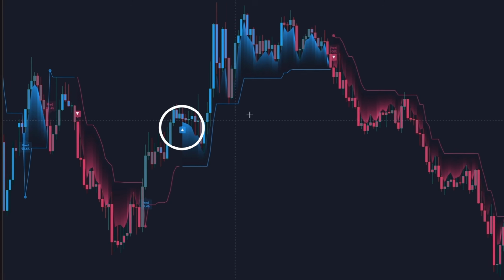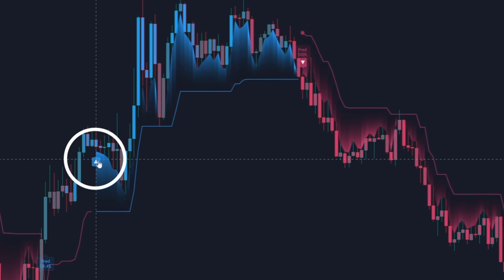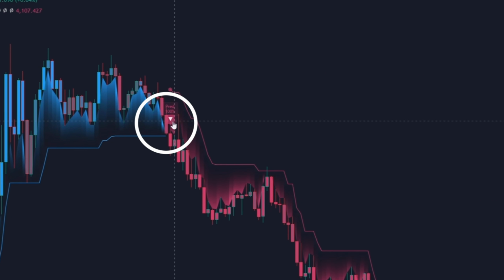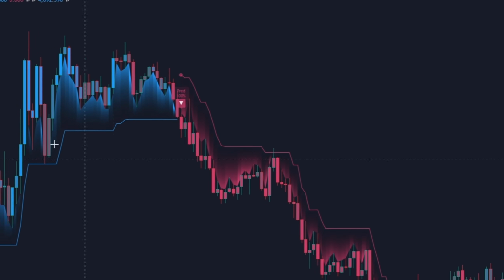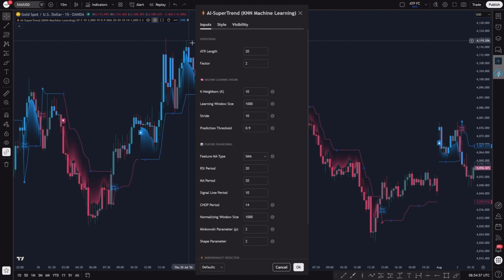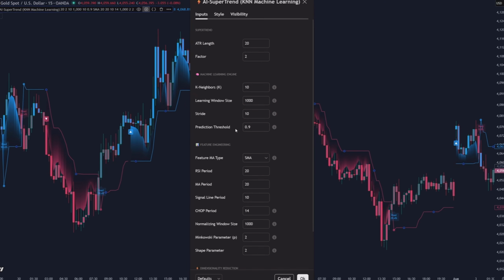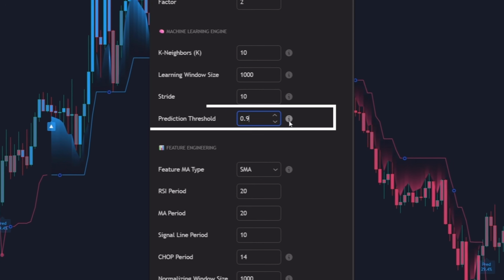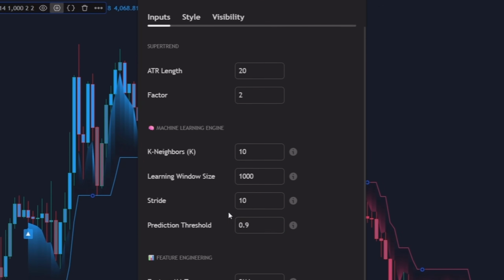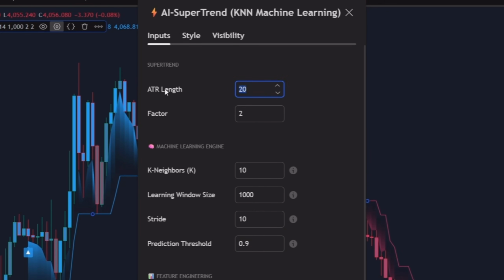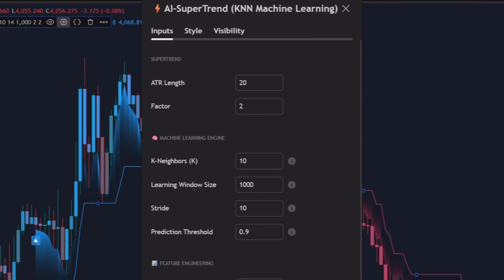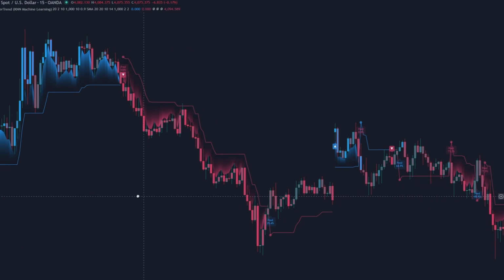Second, the triangle markers, an upward triangle for a confirmed long and a downward for a confirmed short. And they only appear if the probability score is above the threshold you have set, in my case 90%. Another setting that made a real difference was the ATR length. It comes with a default of 10, but I moved it to 20, which smooths out the volatility reading.